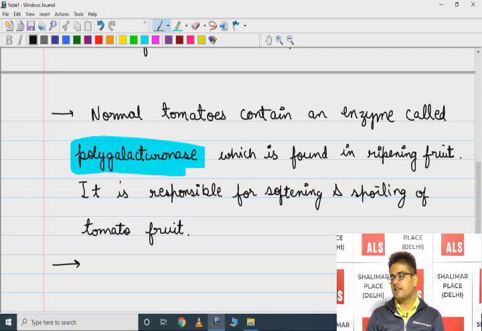We have another technique, and that is called gene silencing. You remember gene silencing, what it is? Say yes or no. If you remember it, then I will proceed. Okay, all right. You do not remember.